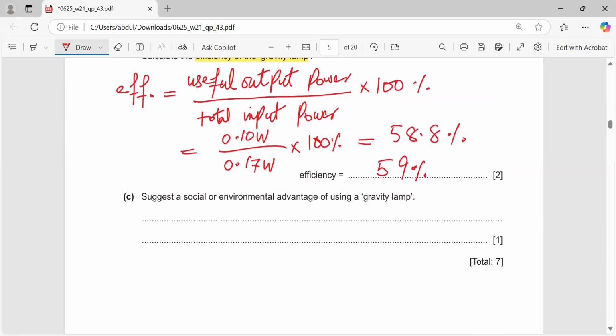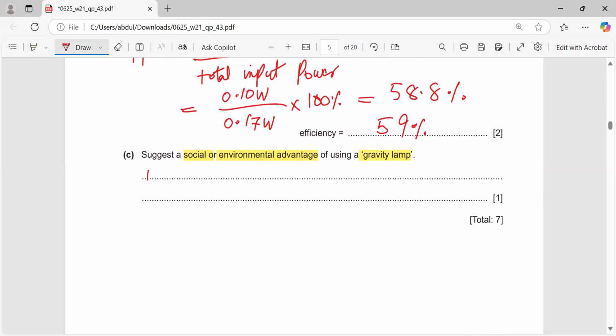Suggest a social or environmental advantage of using a gravity lamp. Very simple. No fossil fuels are used to light up the LED.